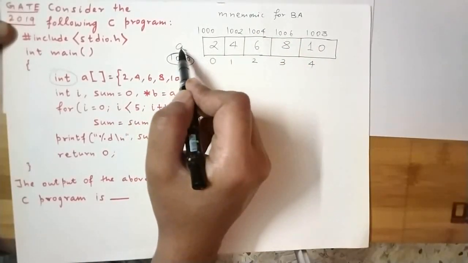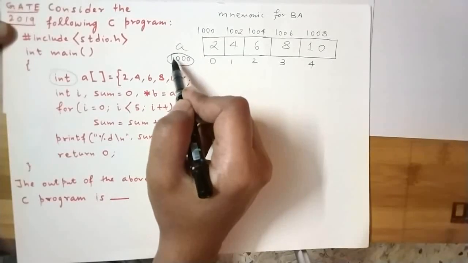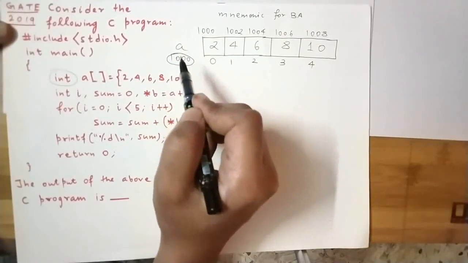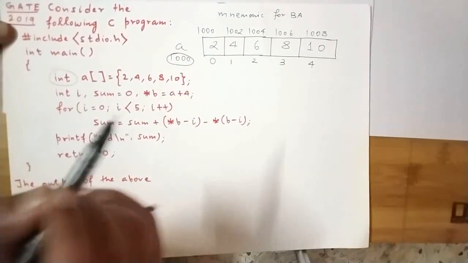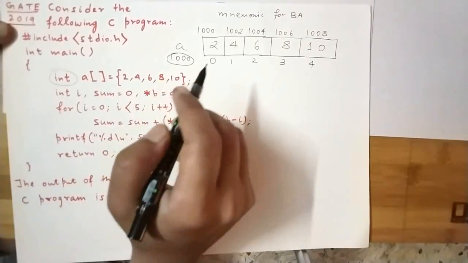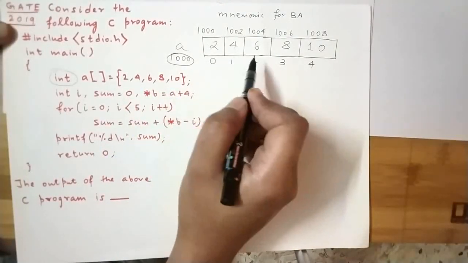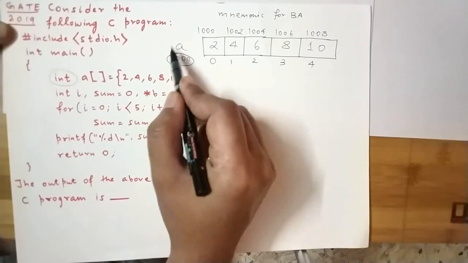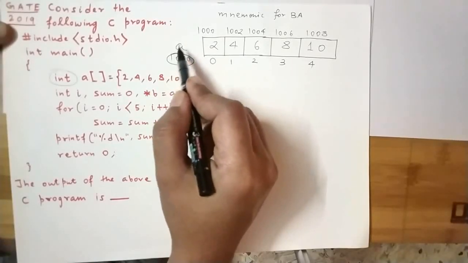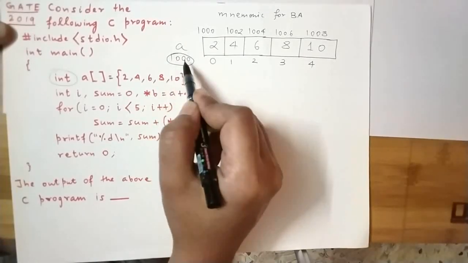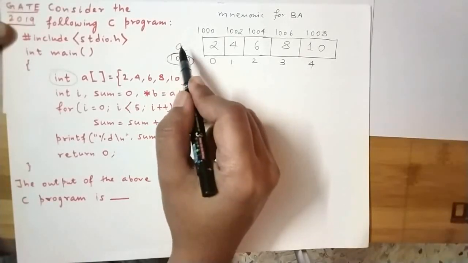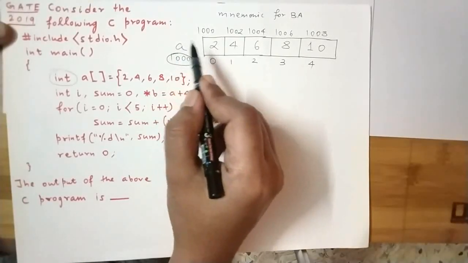That means it is simply a symbolic representation for the base address, which is 1000, and any memory address that you take will be a constant pointer. Since the name of the array is simply a symbolic representation of the base address, which is a memory address, it is a constant pointer.